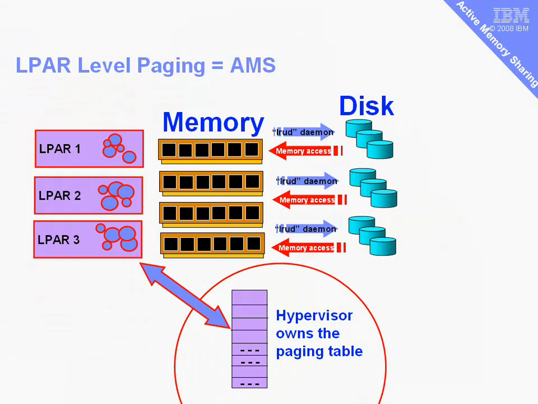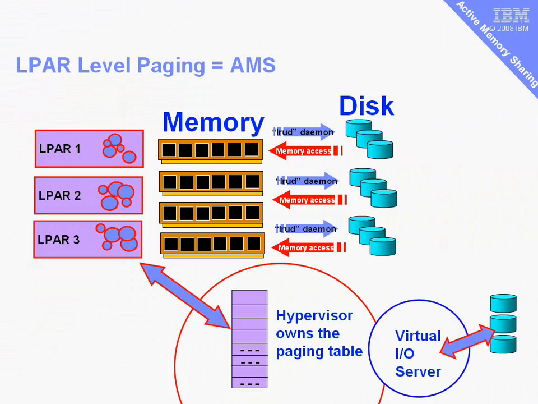So each logical partition actually makes a hypervisor call to update the page tables. Now, because the hypervisor owns the page tables, the hypervisor can look through the memory pages of a logical partition and decide, if it has to, which of those pages in memory are the oldest and which it may have to page out to allow it to maintain AMS paging.